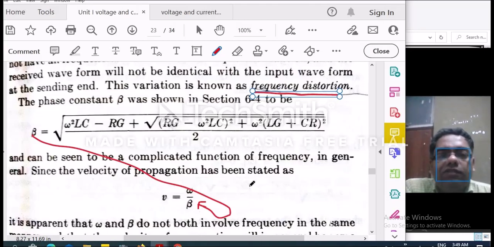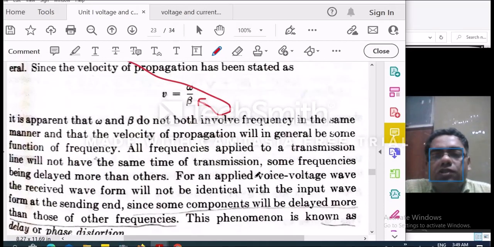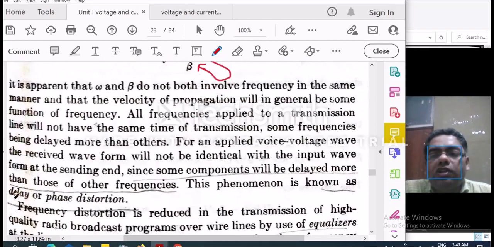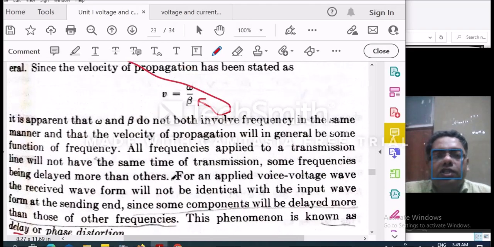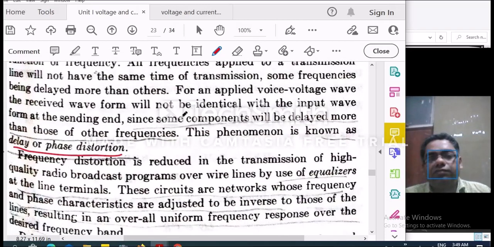So at the receiver side, some frequency components will come early and some will come late. This gives rise to delay distortion, also known as phase distortion. If different frequency components of our voice come at different times, our voice waveform will get totally distorted.